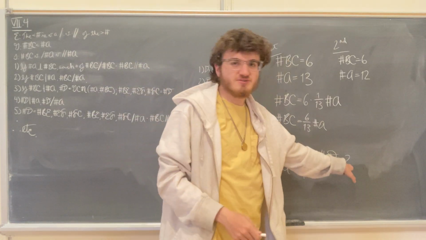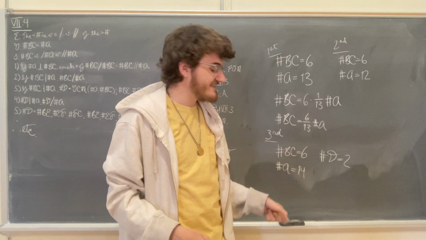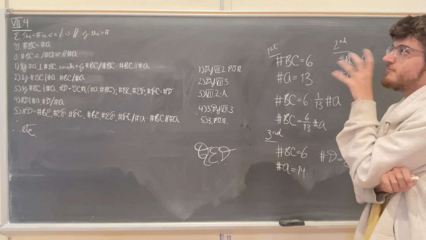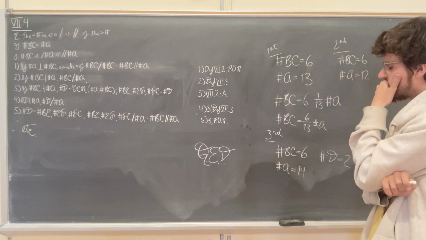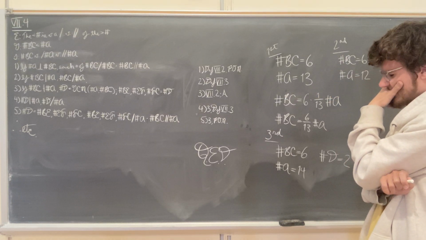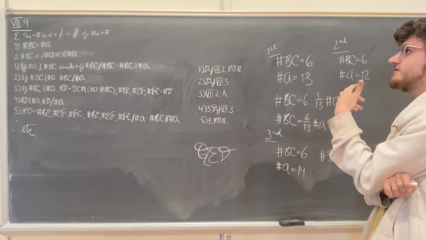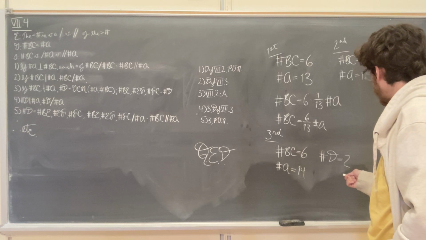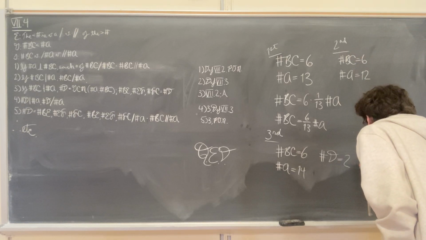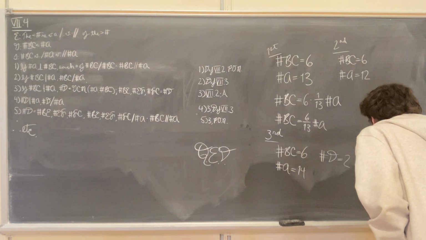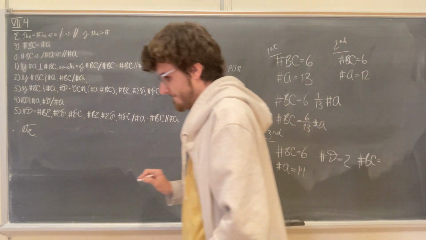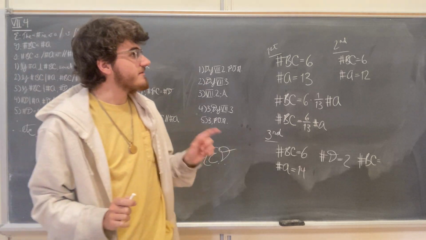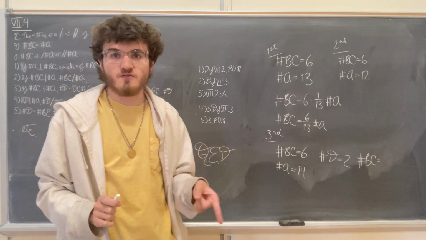But 7 2's make 14, which means that 6 is going to be... give me time to do some math here. Sorry, I should know this. Give me one moment. Sorry, I'm kind of off my game here. If this is the case, then the number BC is going to be 3/7 of 14, right?